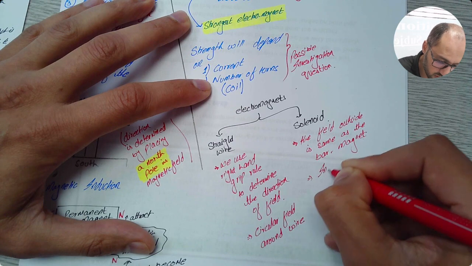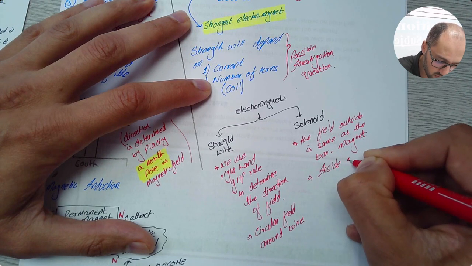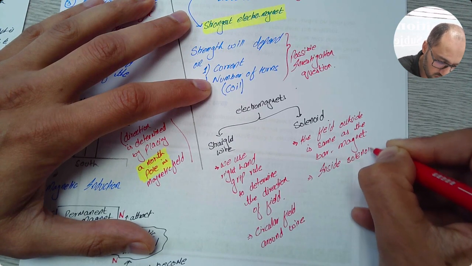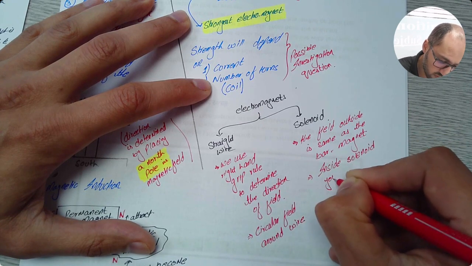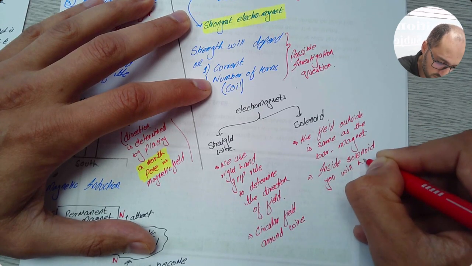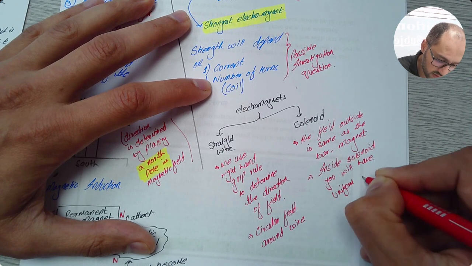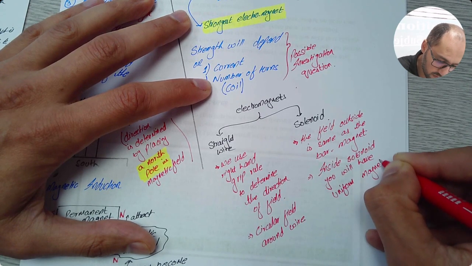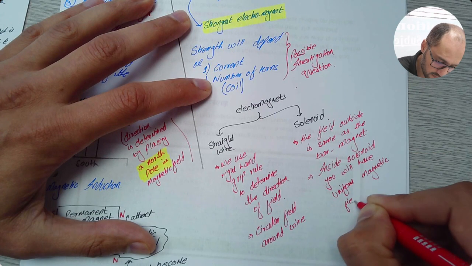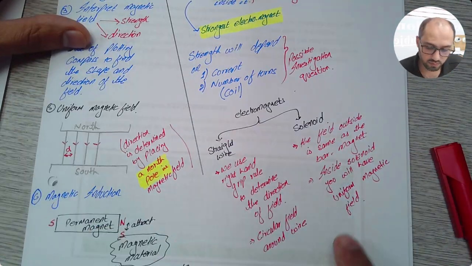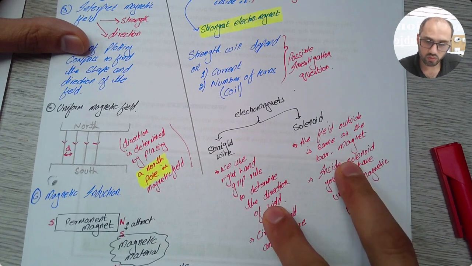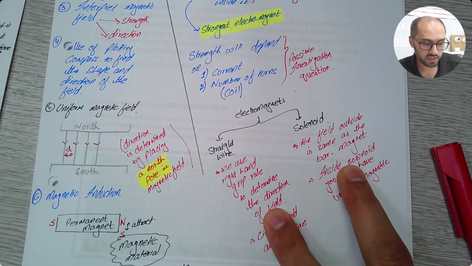Inside the solenoid, you will have a uniform magnetic field. We can make use of a plotting compass on both of these if you have to do an experiment.